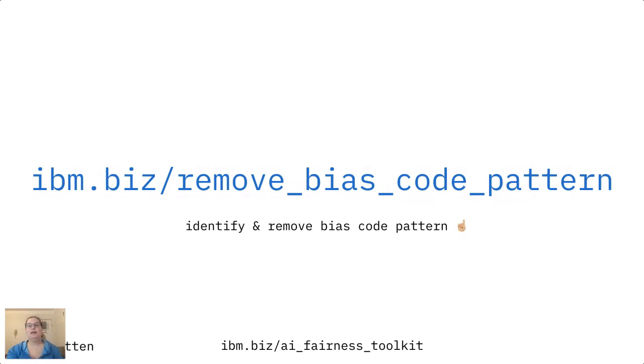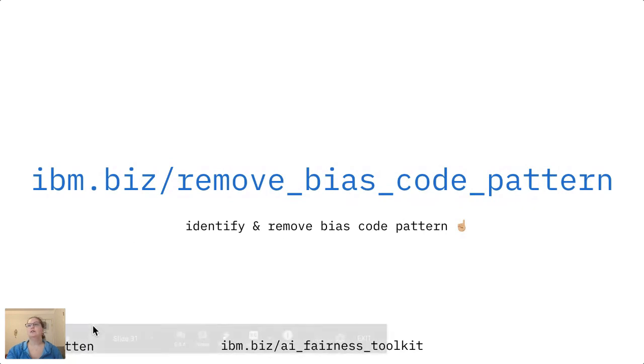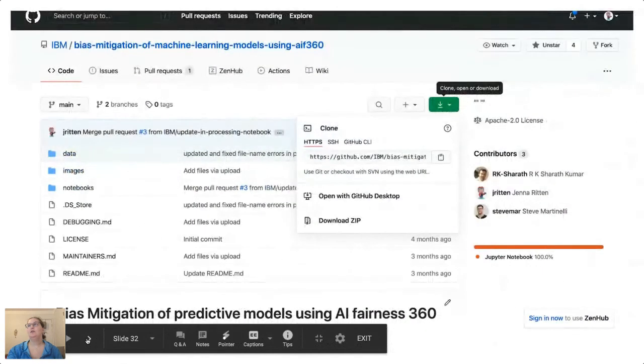If you click on the code pattern there, it'll open up a page for you, and you're going to click Get Code. It will link you to the GitHub repository, and then you're going to want to clone this repository.